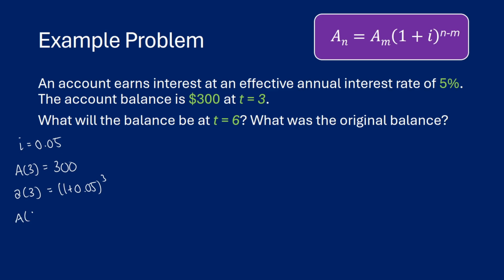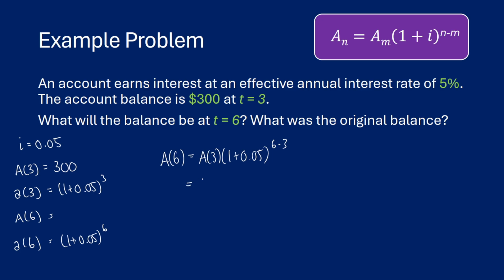We want to find the amount at time 6, and we know the accumulation function at time 6 is going to be 1 plus 0.05 to the 6. Okay, so using our formula from above, the amount at time 6 is going to be, well, let's use our little shortcut here. This is going to be the amount at time 3 multiplied by 1 plus 0.05 to the 6 minus 3.